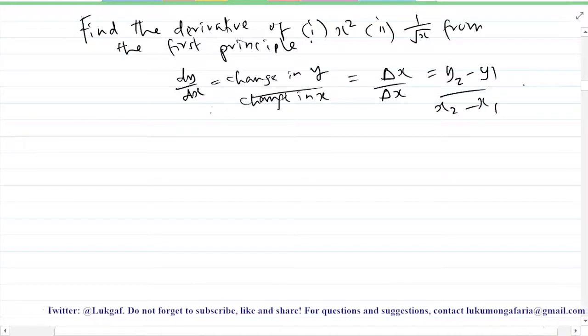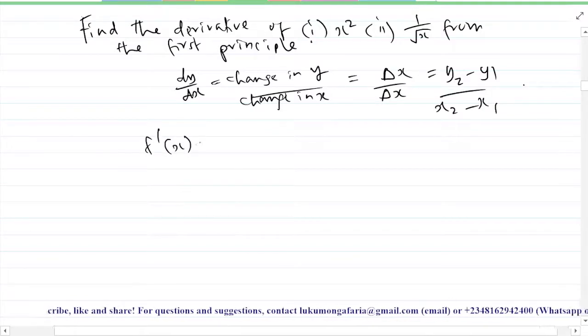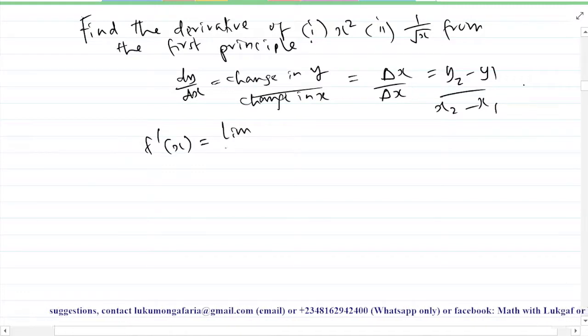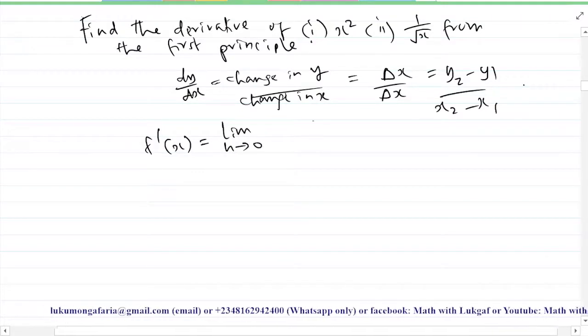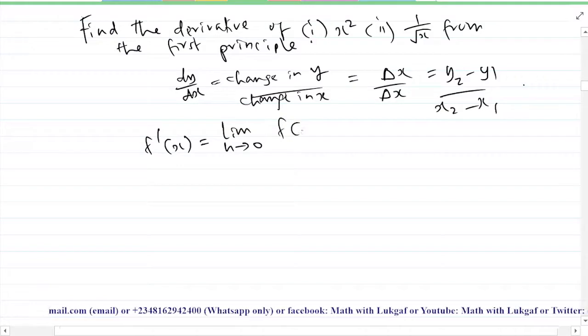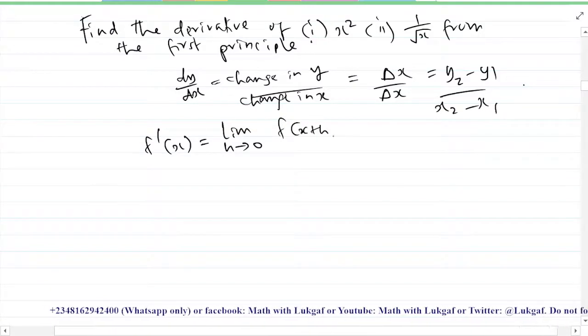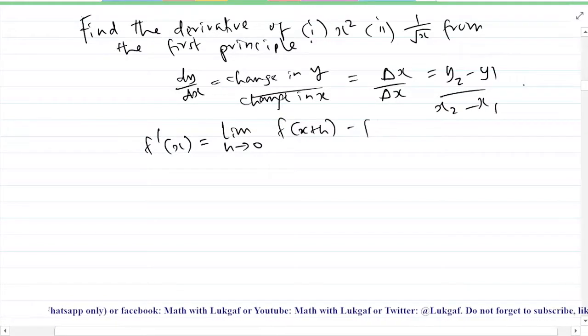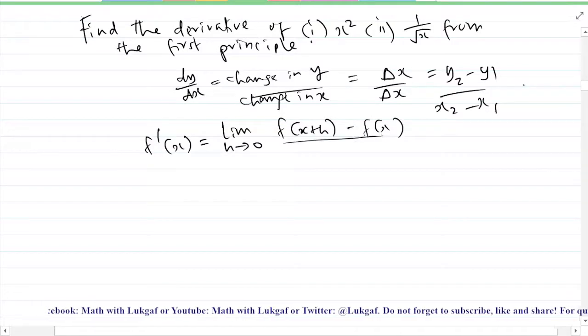When you want to find your derivative from first principles, it is defined as: f prime of x equals the limit as h tends to 0 of f of x plus h minus f of x, divided by h.